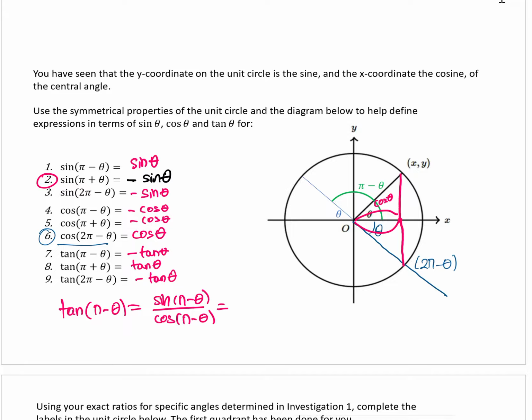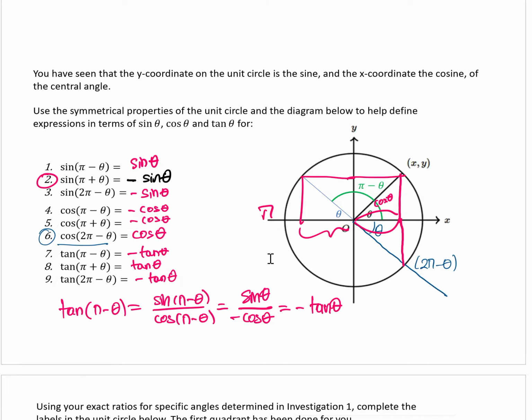Now the sine of pi minus theta is going to be the projection, the same as the sine theta, over the cosine of pi minus theta, which is going to become that projection here, the negative of the cosine theta. So you can see now that this is negative tangent of theta, and this is how you can calculate using the unit circle all around it.